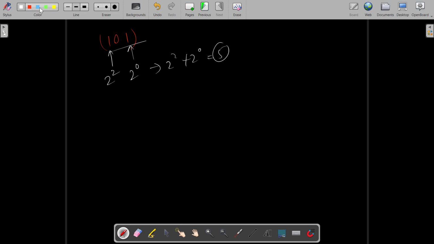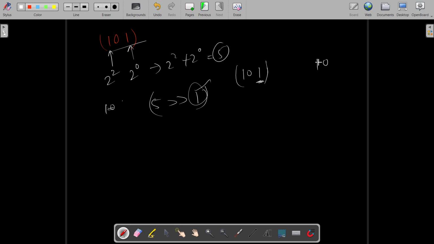Now if we try to right shift 5 by 1, what do we get? The binary is 101. When we right shift, the values with which we shift are removed. So the last digit is removed, and it becomes 10 only.